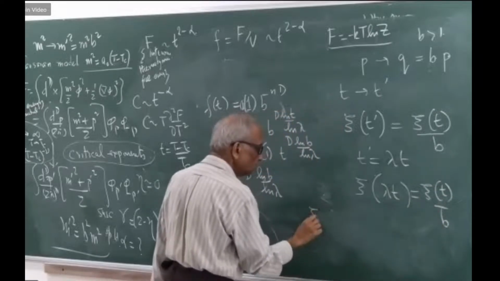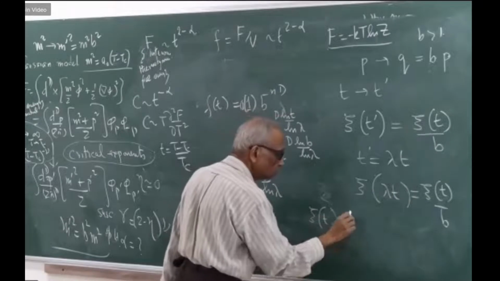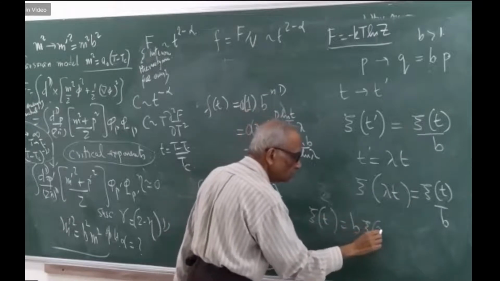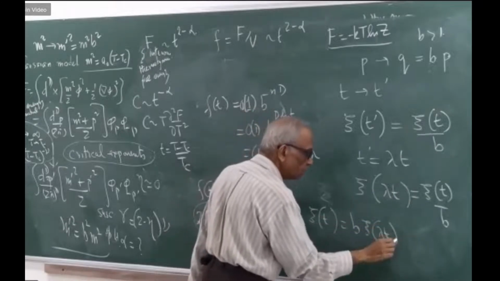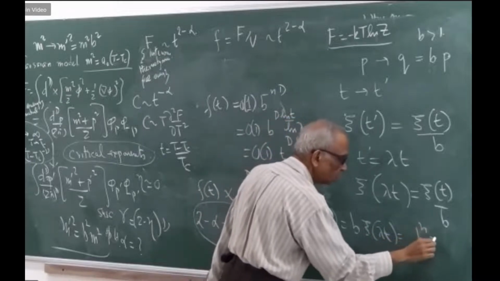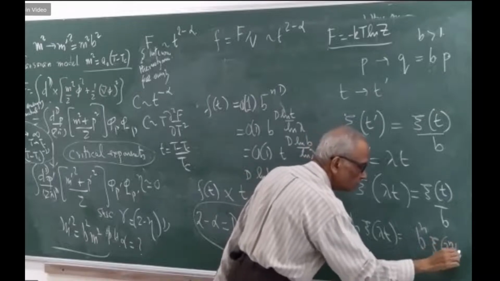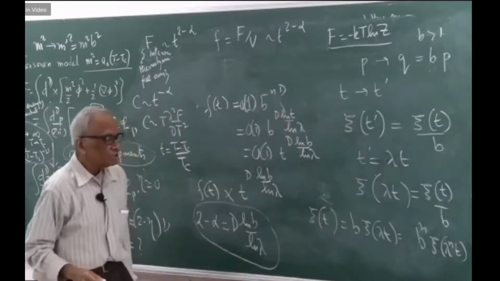So xi of t is equal to b times xi of lambda t, and after n iterations, it is b to the n times xi of lambda to the n times t, and that is equal to 1.